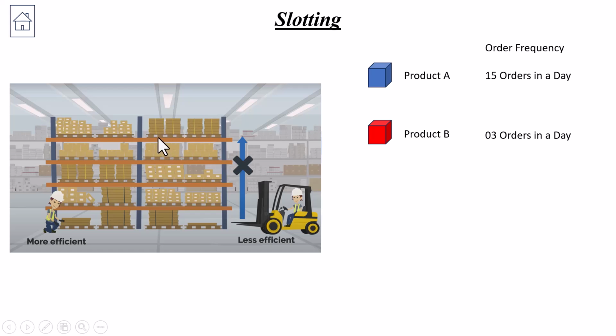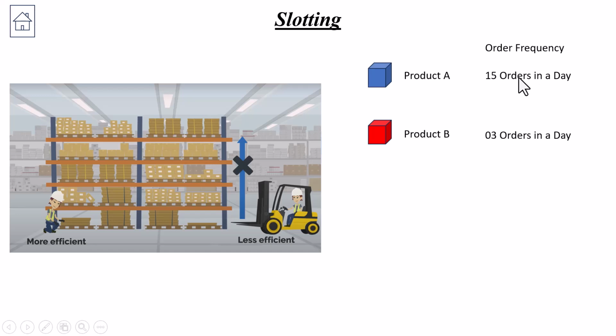It will take much time, because the high-rise truck has to move its fork, lift the product, take the product out, and come down. It's going to take a lot of time and energy. So for example, we have another scenario here, with a blue product, and we are getting orders more frequently.